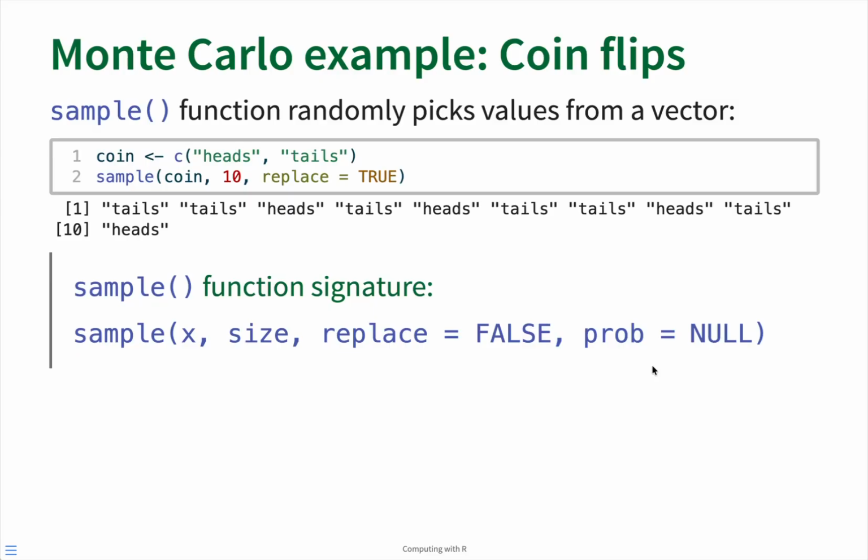Right? If you don't specify this, then each value of the coin vector is treated as equally likely to be picked. Right? In other words, 50% of the time we'll get heads, 50% of the time we'll get tails. But if you wanted to simulate an unfair coin, then you could specify different probabilities.